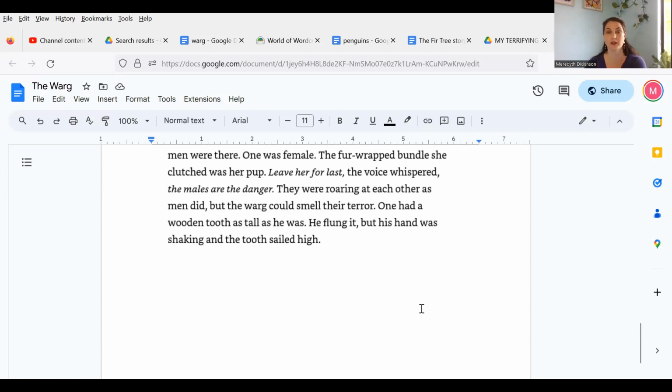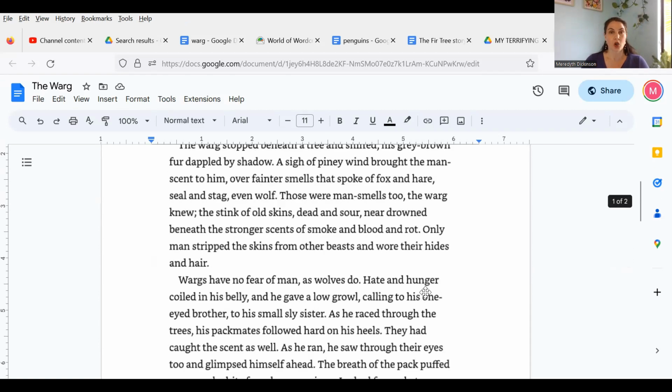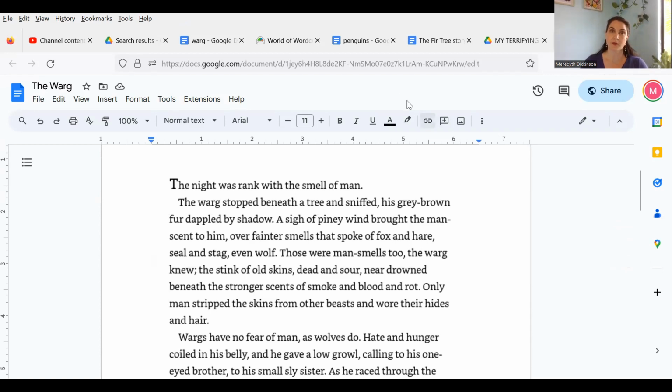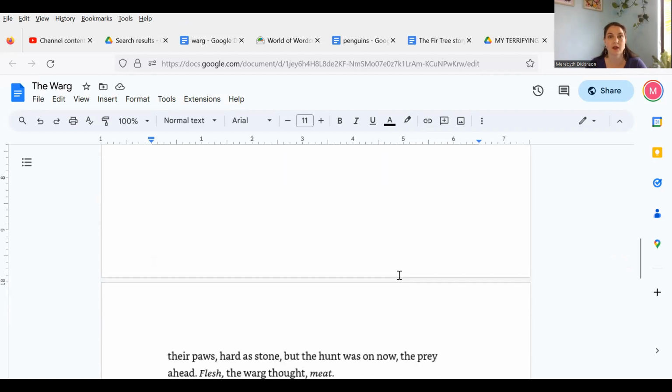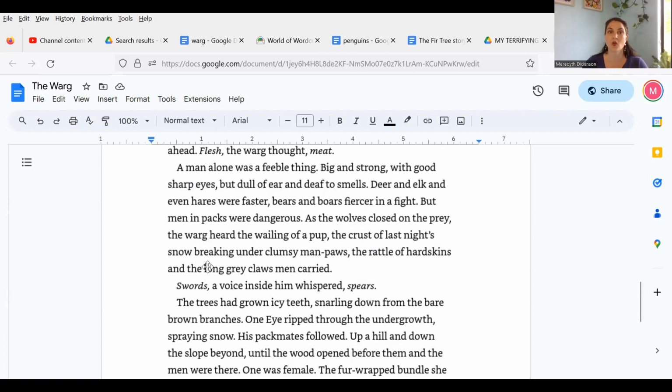So that's just the first two pages. We're not going to keep going. All right, so here we're looking from the perspective of the wolf and how the wolf understands the world. If we have a look at this part here, the crust of last night's snow breaking under clumsy man paws, what that's saying is that the snow on the ground is breaking under the feet of the men, the feet of the humans.